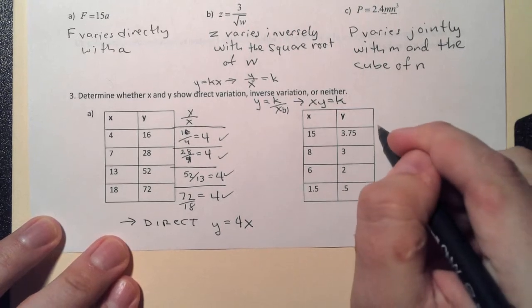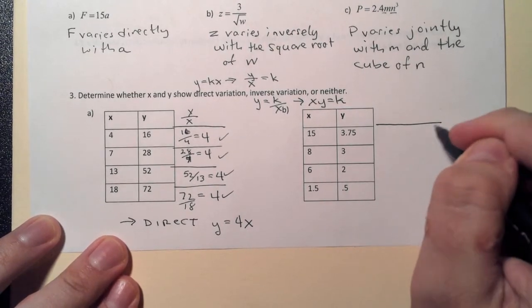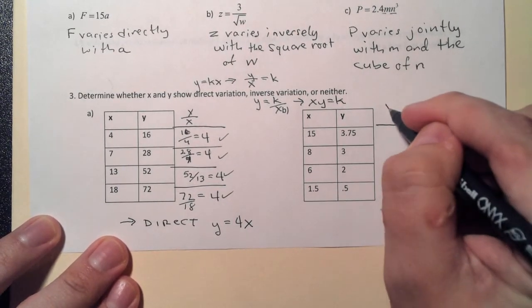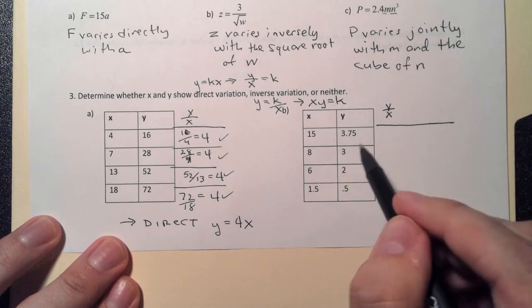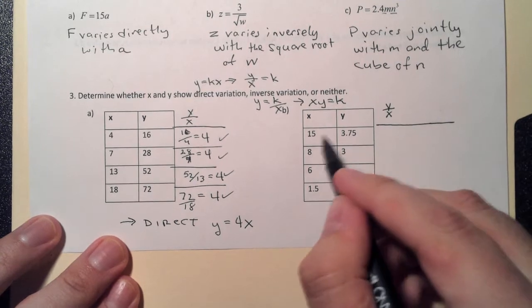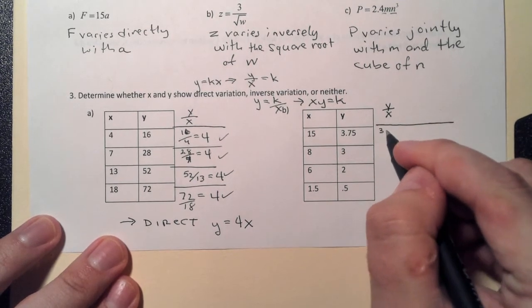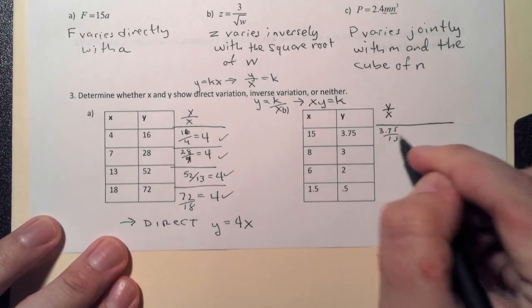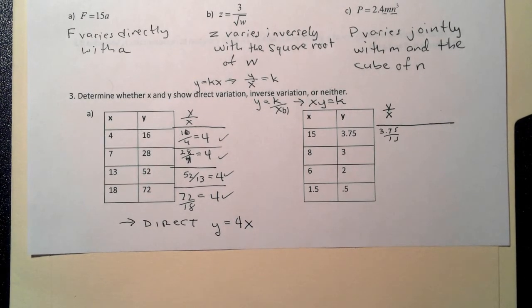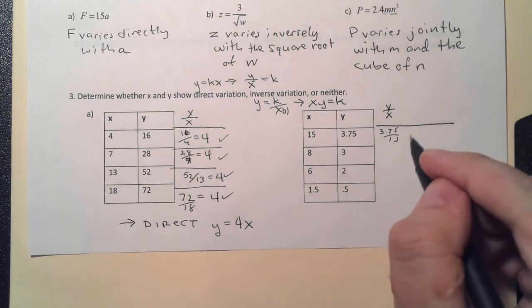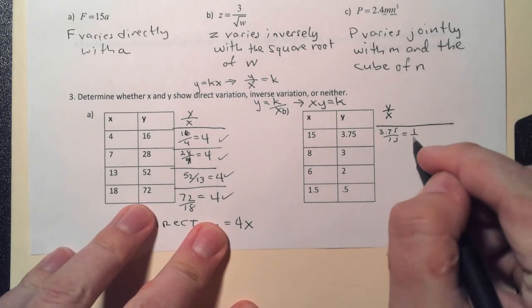Let's go ahead and do the same kind of idea with this next table right here. If I try y over x, now these numbers, mind you, are not very obvious. I see 3.75 and I see 15. 3.75 over 15, I'm going to be lazy and just grab my calculator. 3.75 divided by 15 is 0.25, or 1/4.